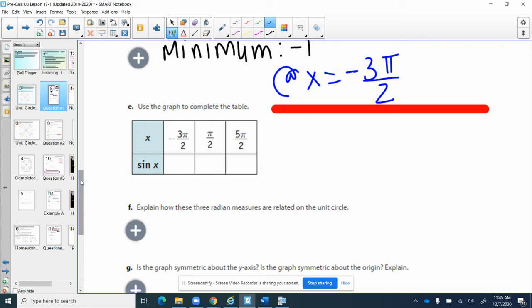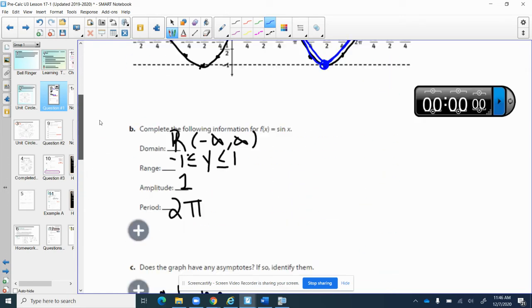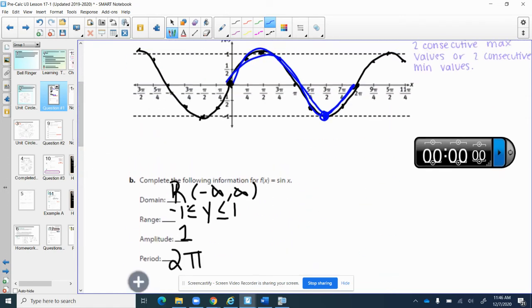Now, if you flip to the next page on 226, using that information, we notice the values of 3 pi over 2, pi over 2, negative 3 pi over 2, and 5 pi over 2 all have the same y value of 1.